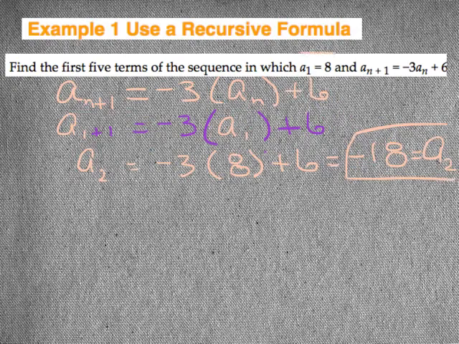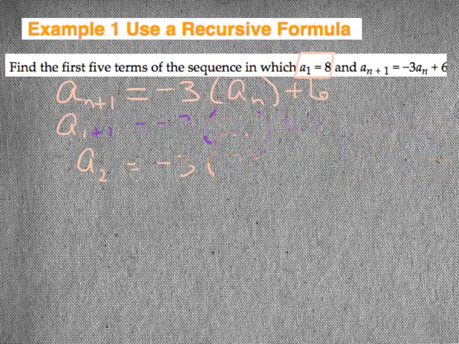So I have my first term, my second term. Now to find the third term, -18 is my second term. The third term is what we're finding next.